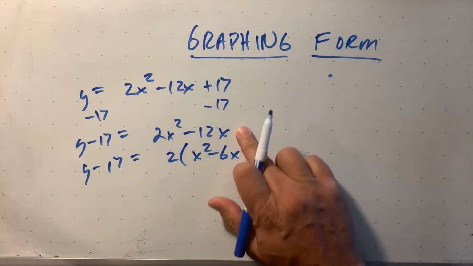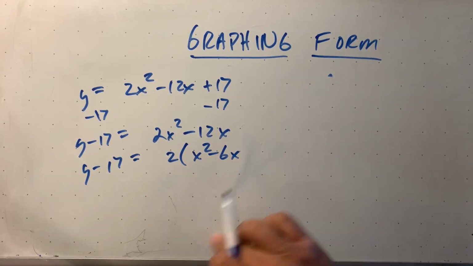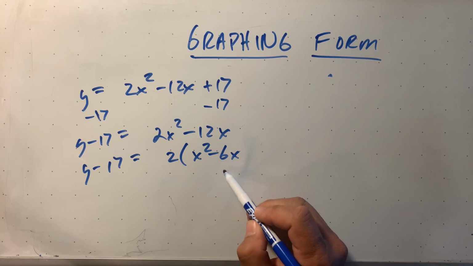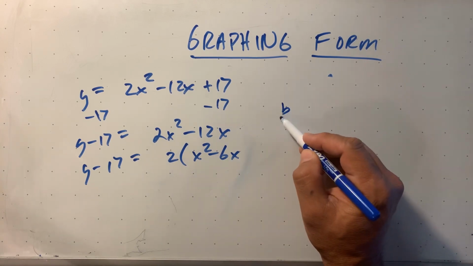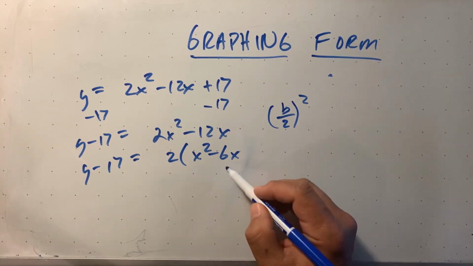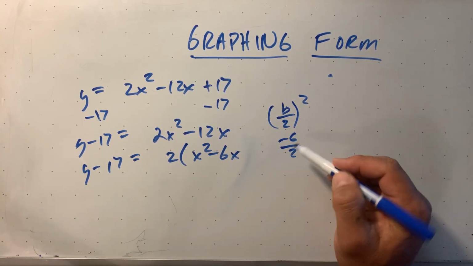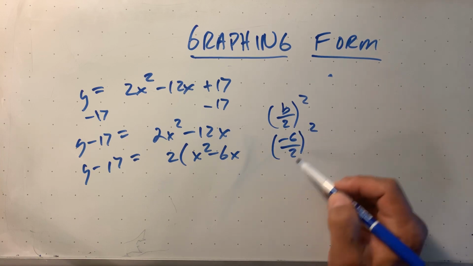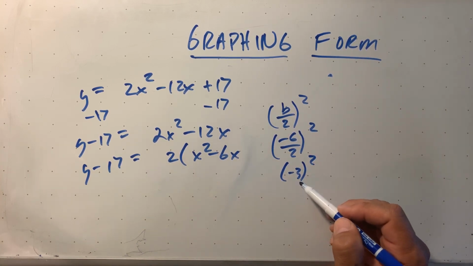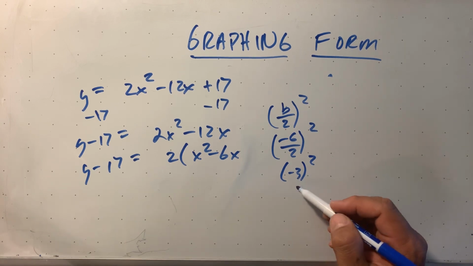I can go ahead and leave that open because that's my new c value for completing the square. So I'm going to do b, which is -6, divided by 2. And then I'll square it. So this gives me -3 squared. I'm going to remember that -3 when I complete the square. That gives me 9.